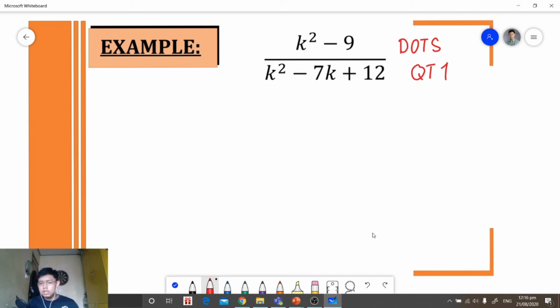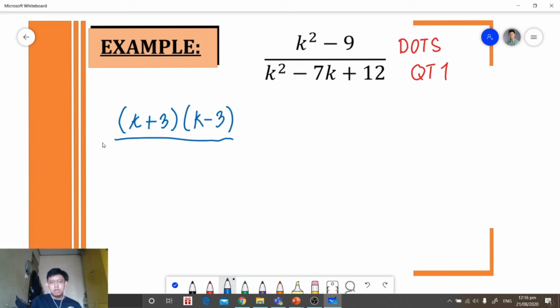Okay, so let's apply factoring. For the numerator, we will have the factors k plus 3, k minus 3. For our denominator, let's distribute the first term. Let's identify the factors of positive 12 whose sum is 7.